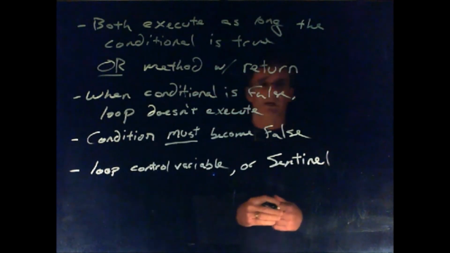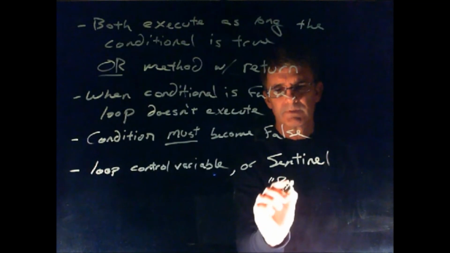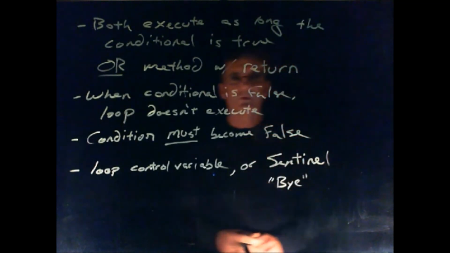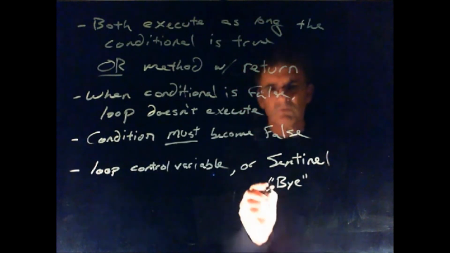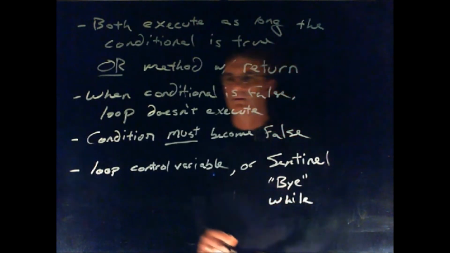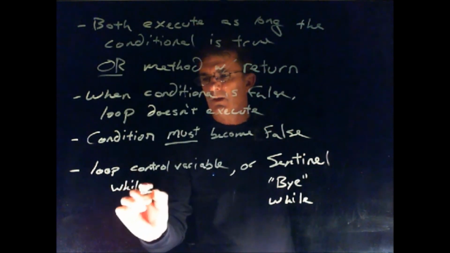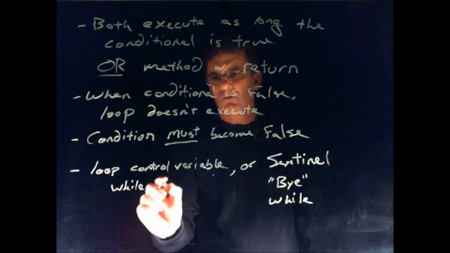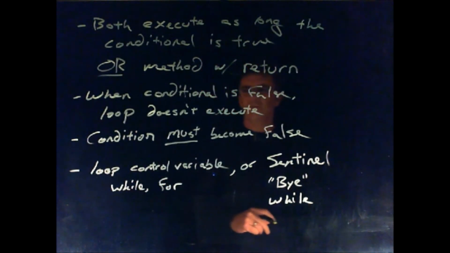Like in Magpie, the sentinel is bye. We'll look at this example later on. Usually we use a sentinel with a while loop. The loop control variable can be used with either a while loop, but it's basically always used with a for loop.